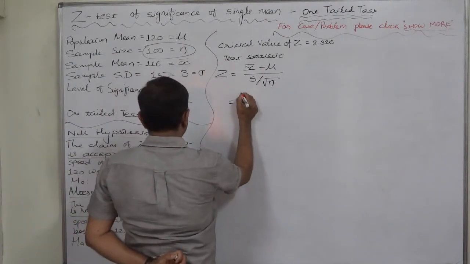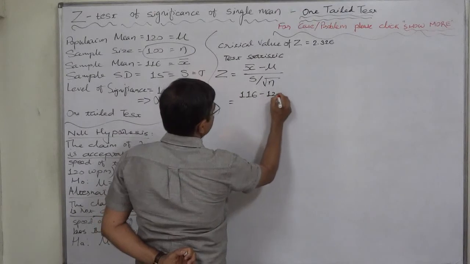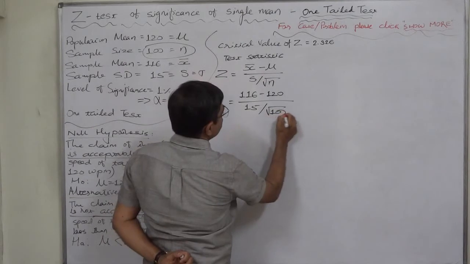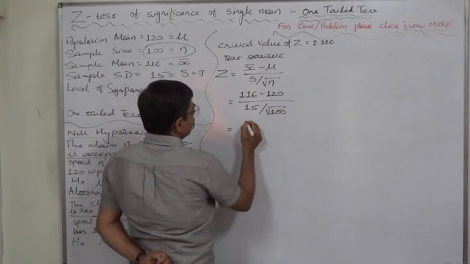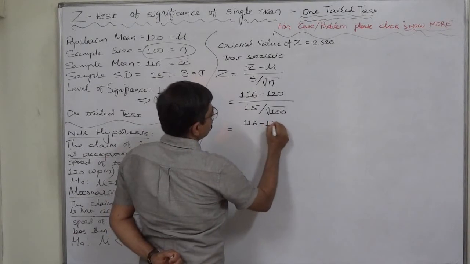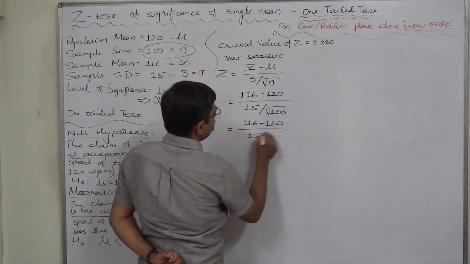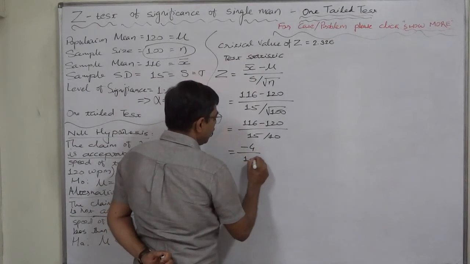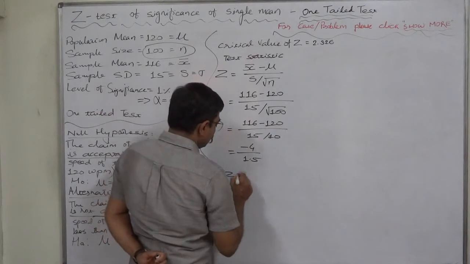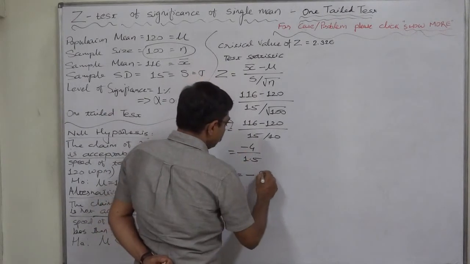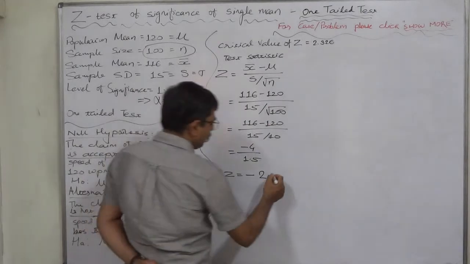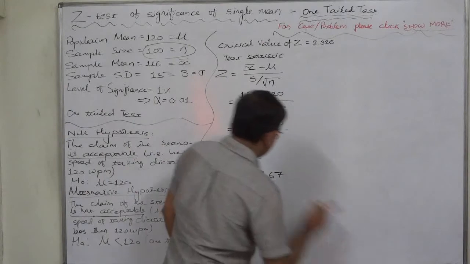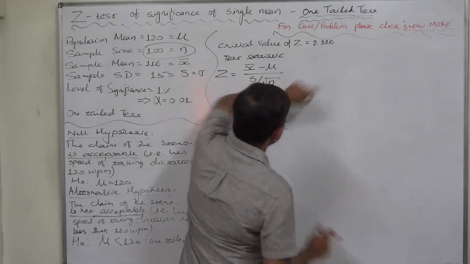That is 116 minus 120 divided by 15 divided by under root 100, that is 116 minus 120 divided by 15 divided by 10. So it is minus 4 upon 1.5. So Z comes to minus 2.6666. We are going to take 2.667, because the critical value is with 3 decimal places.